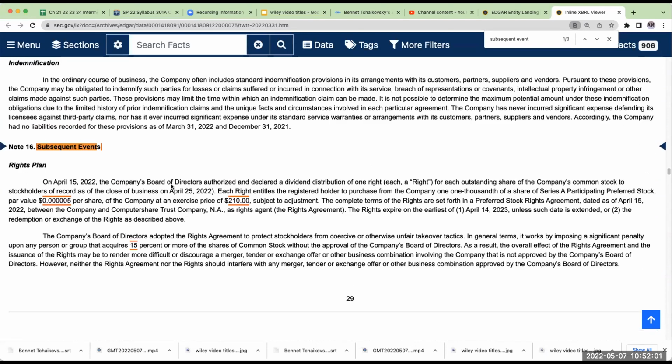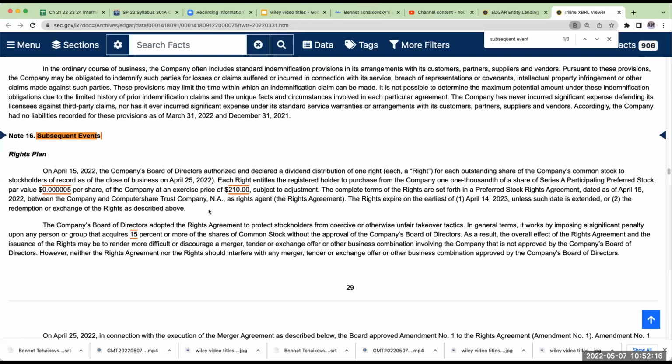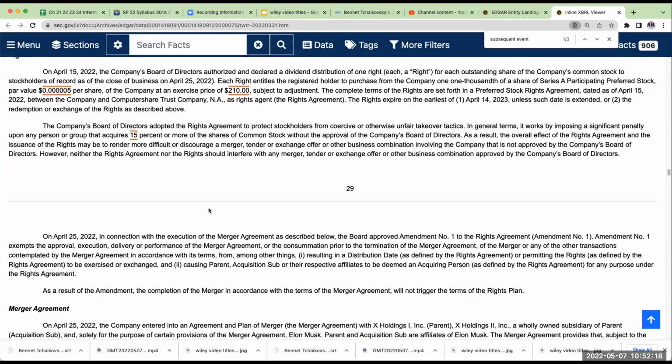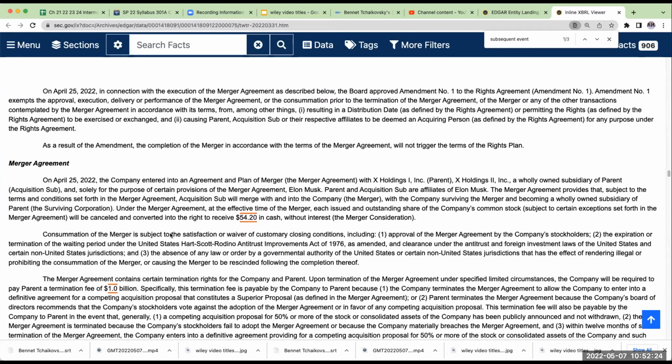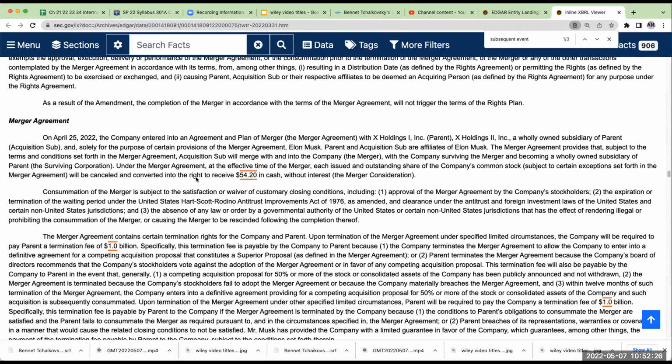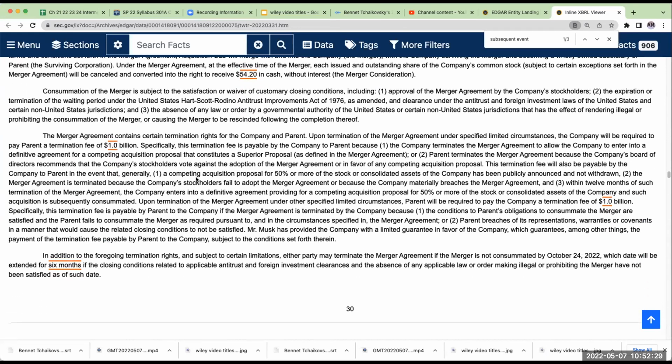So on April 15th, which is after the quarter end, the company authorized and declared a dividend distribution of one right for each outstanding share of the company stock. Each right entitles the shareholder to this over here. And then they adopted the rights agreement to protect themselves, and they made an amendment. And then the merger agreement is essentially over here.